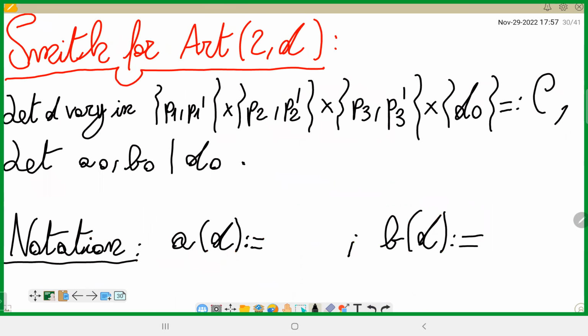And essentially, the work of Smith, in the case of R2, in a nutshell, so this is the projection on the first coordinates. So it's either P1 or P1 prime, and B is, let's say, P3 or P3 prime times B0.